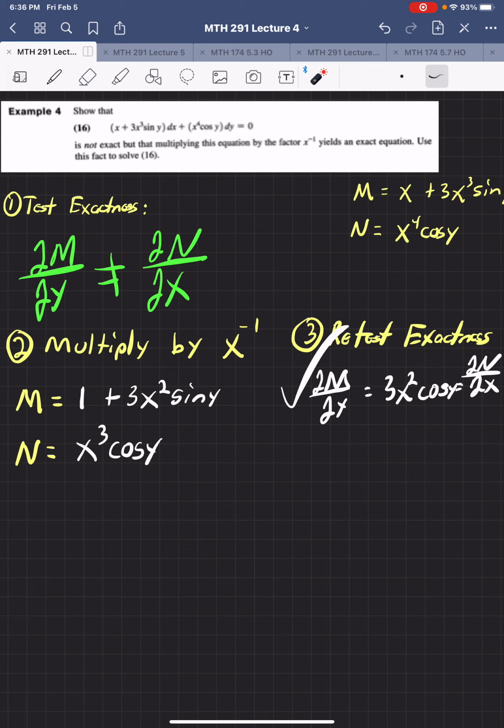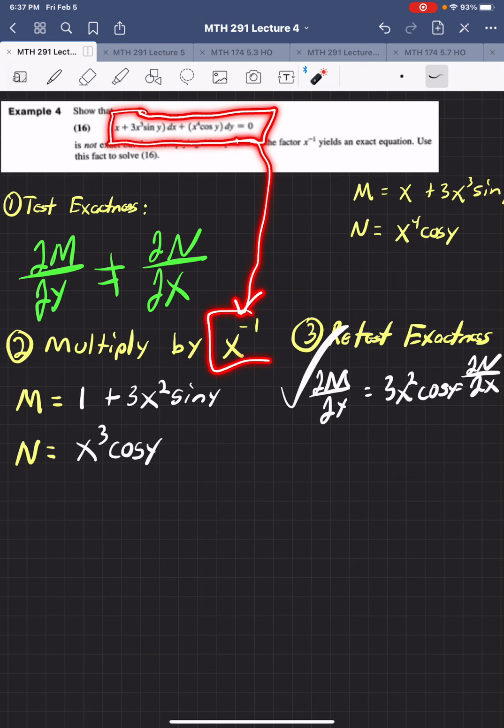The topic of the next section is how to find what we call the special integrating factor. It's a way of manipulating what is currently not an exact equation into an exact equation so that you can solve it using this method.